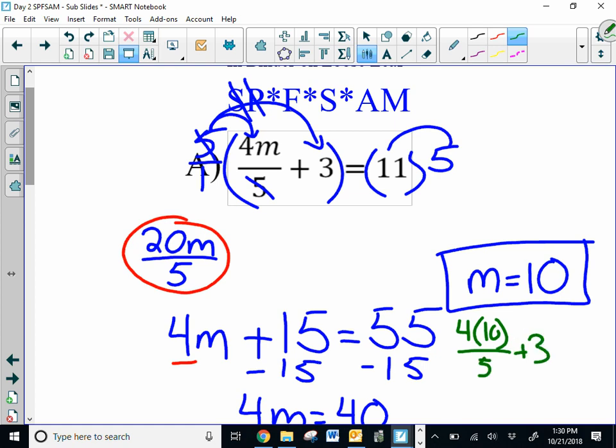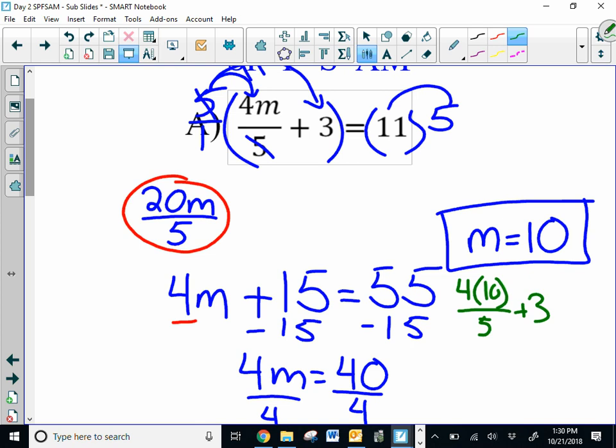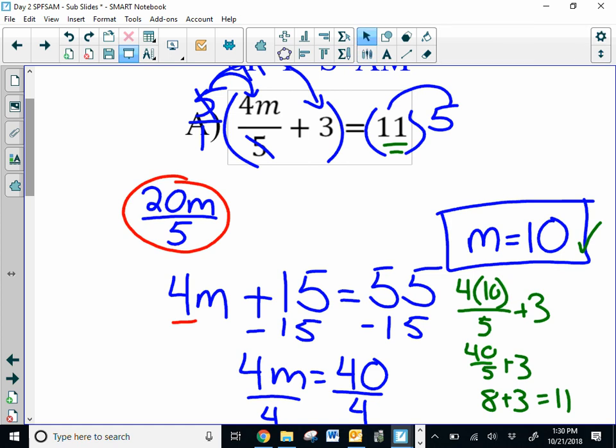All right, well, 4 times 10, that's 40 over 5 plus 3. 40 divided by 5, that's 8 plus 3. Oh, and look at that. 8 plus 3 is, in fact, that 11. So we know that m equals 10 is correct, right? We checked it. It was easy to check, and we're done. So we got rid of our fractions, then solved that equation, and checked our answer.